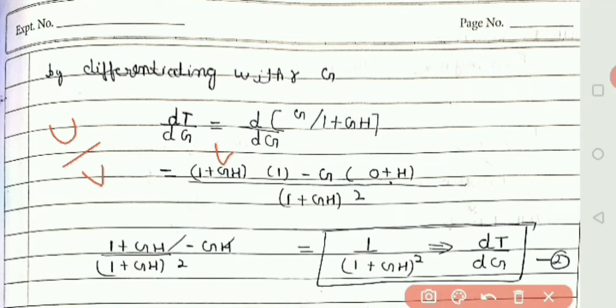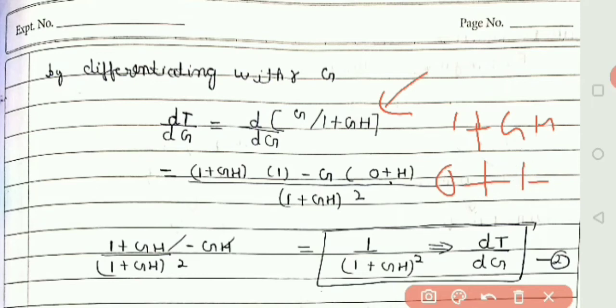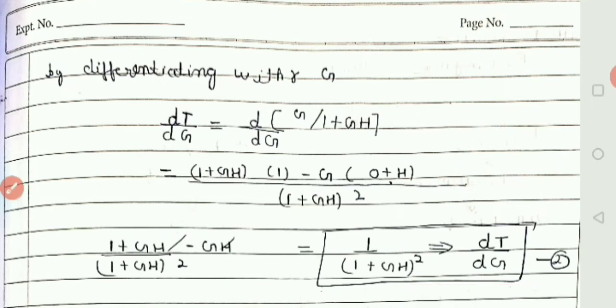We know that u is G, but here we differentiate with respect to G, so the differentiation of G with respect to G is 1, minus u, which is G, into the differentiation of v. The differentiation of 1 plus GH with respect to G: 1 is a constant term, so 0, plus G into H, and differentiating with respect to G gives H. So we get G into 0 plus H, and in the denominator v square, that is 1 plus GH whole square.